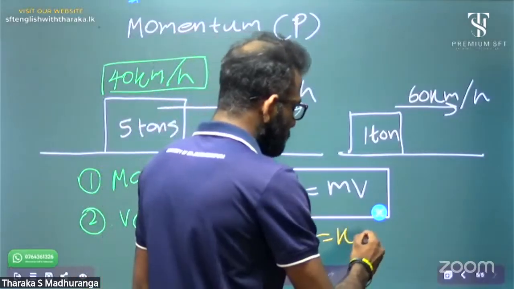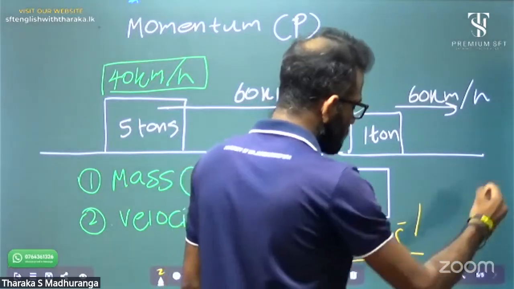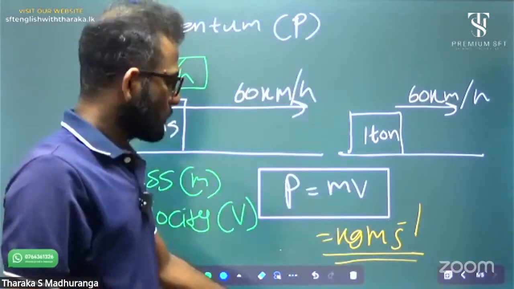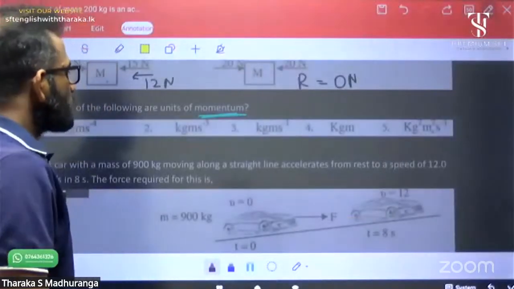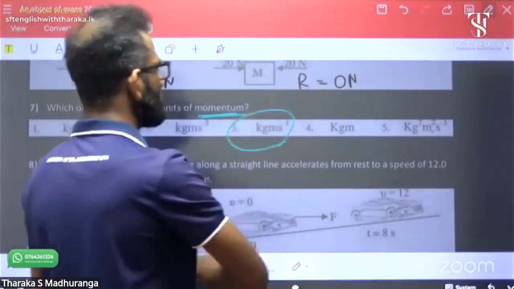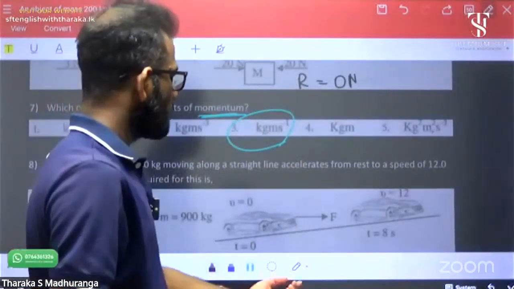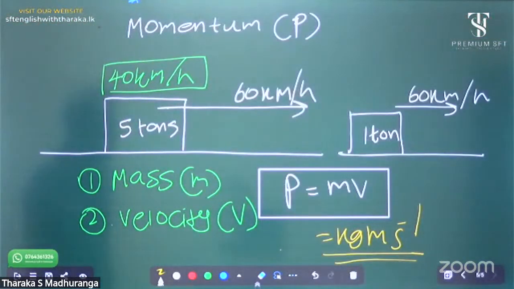Mass in kilograms, velocity in ms minus 1, so the unit is kg ms minus 1. Question number 7, answer number 3, kg ms minus 1. Please note down all those important things.